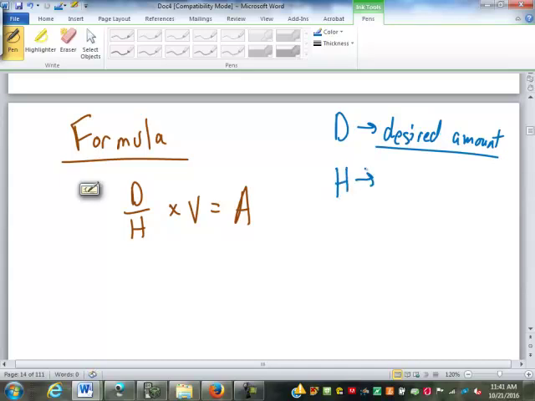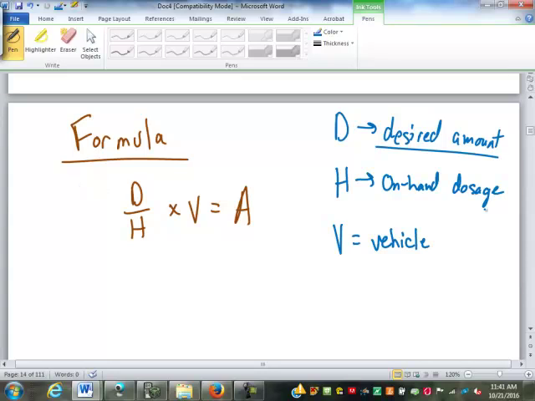Here's another one of the things I don't like necessarily about this formula. H and V can be kind of confusing. H is called the on-hand dosage. It's the dosage on hand. It's how much is in each unit of the medication that you have. V is the vehicle.